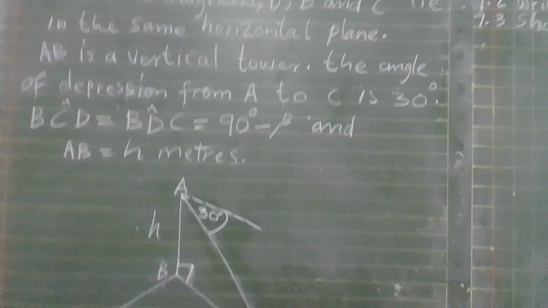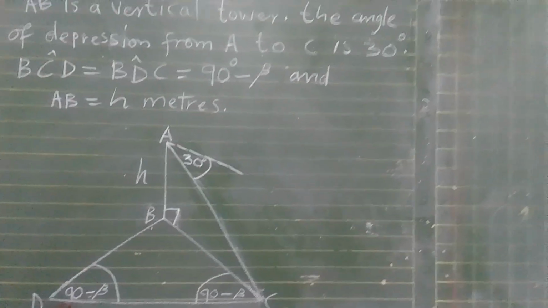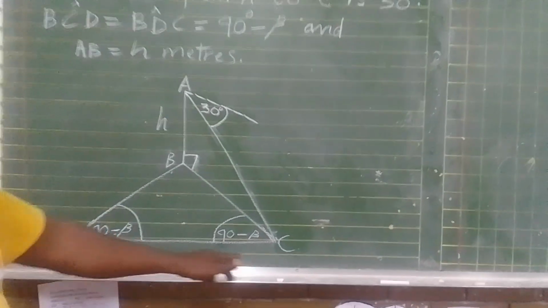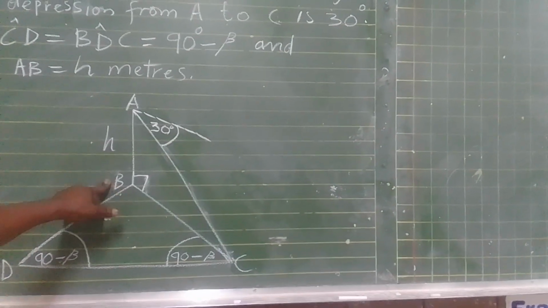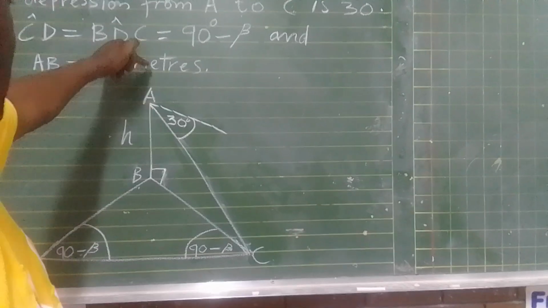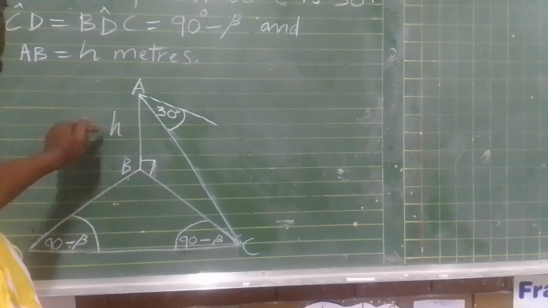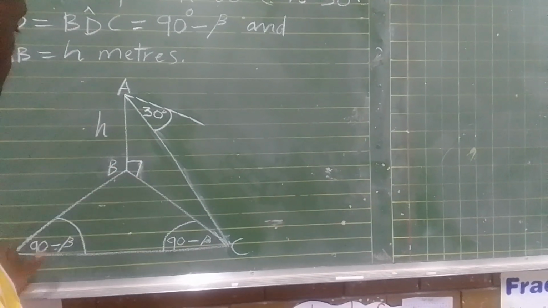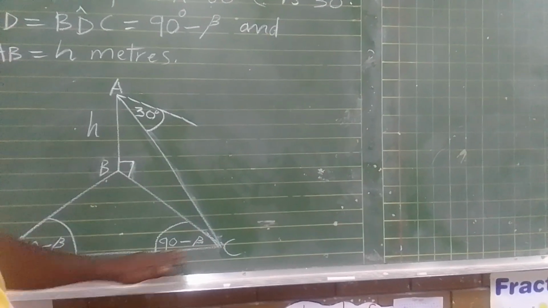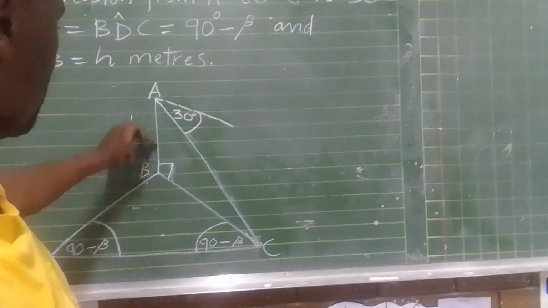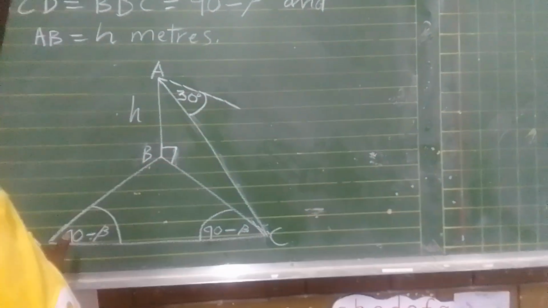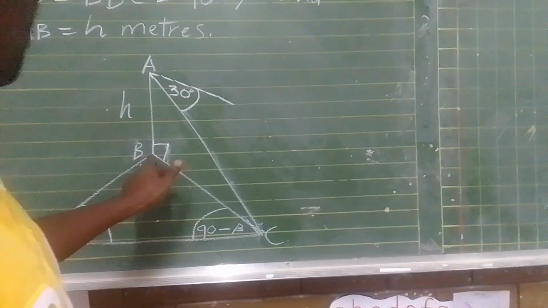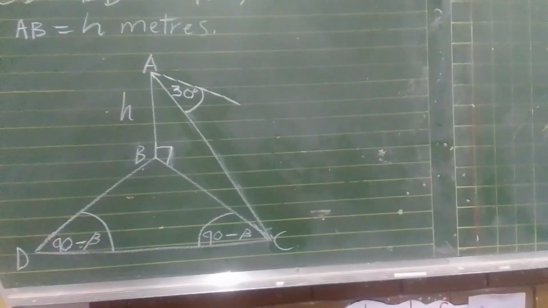This is the drawing. We have D equal to 90 degrees minus beta, and C is 90 minus beta. B is the angle which extends to the height of the horizontal plane. This is all in the horizontal plane, and A forms 90 degrees with BC and BD.